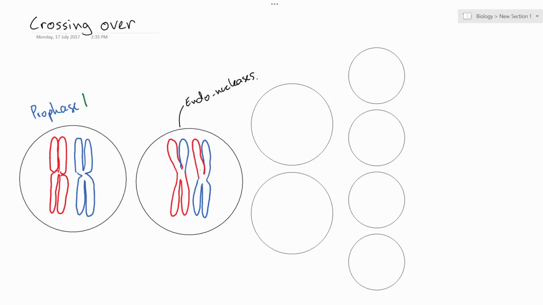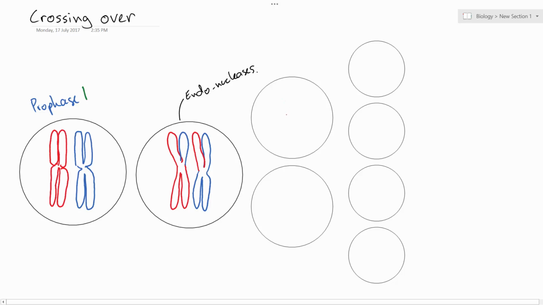So we've now got a new kind of result, which is going to occur from division, as if we didn't have this crossing over of sister chromatids occurring. So now what we'll see when this cell divides into two through the first division of meiosis is a combination of sister chromatids which looks a little bit like this.